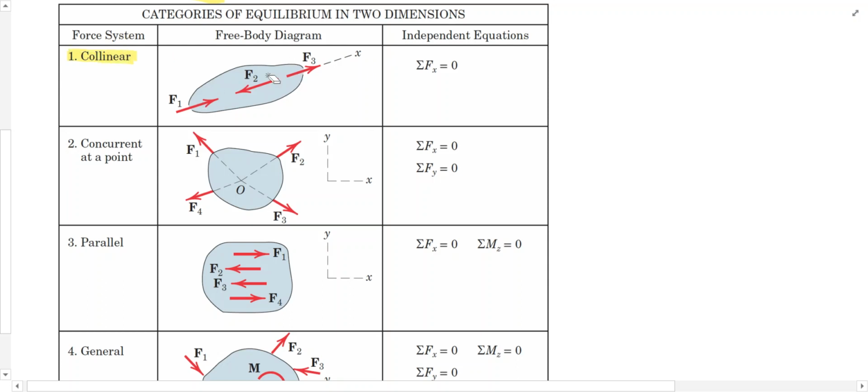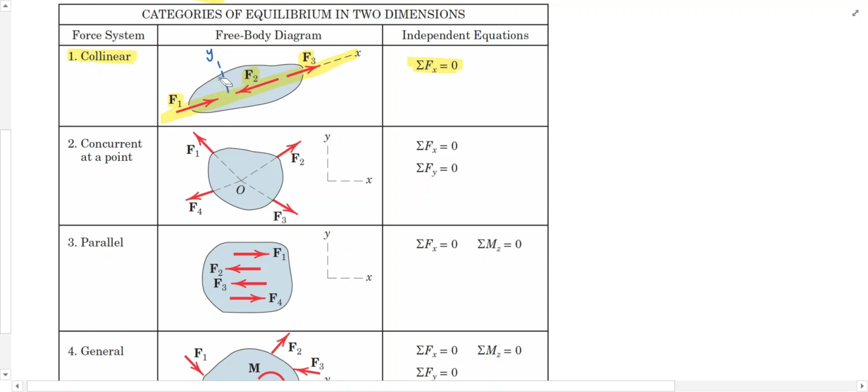And so a free body diagram of that would look something like this. So F1 and F2 and F3 are all collinear. And so you would set one of your axes, in this case it's the x-axis, along that direction. And the only equation that you would need to consider is the sum of forces in the x being equal to 0. And the reason for that is, well, your y-axis would be perpendicular.